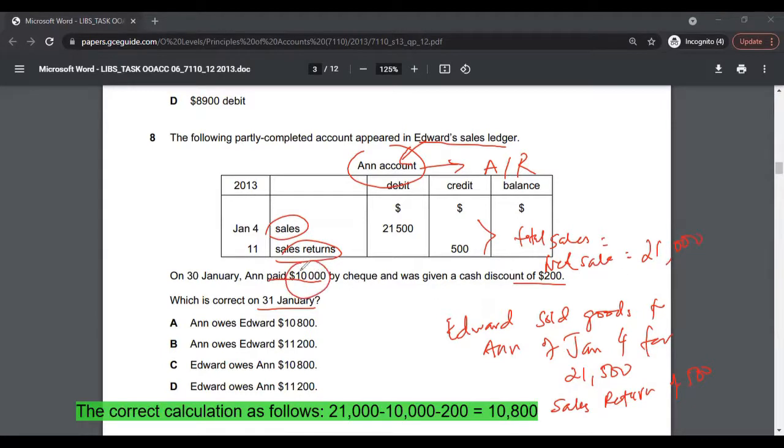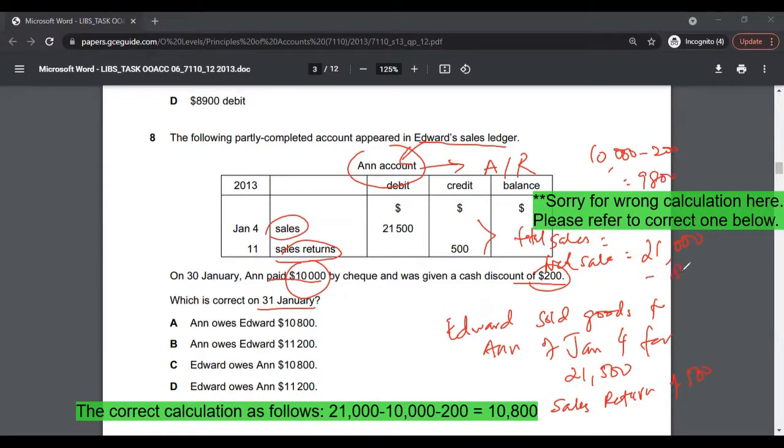And then Anne paid 10,000 minus the 200. So Anne actually paid 9,800. So 21,000 minus 9,800, we get a figure of 10,800.